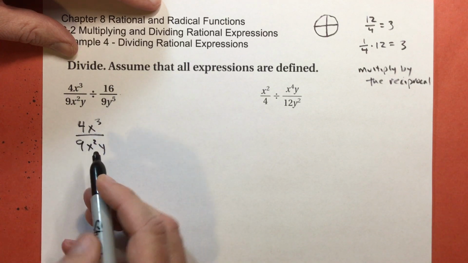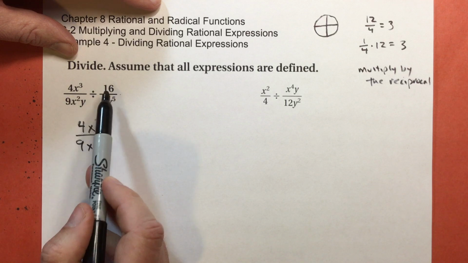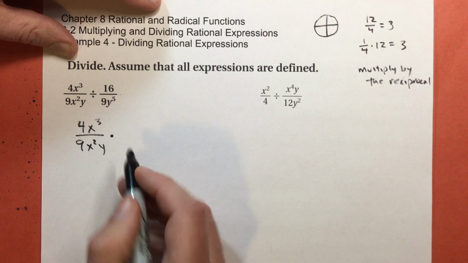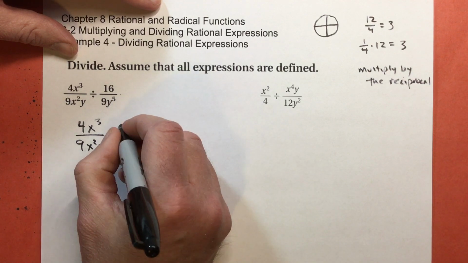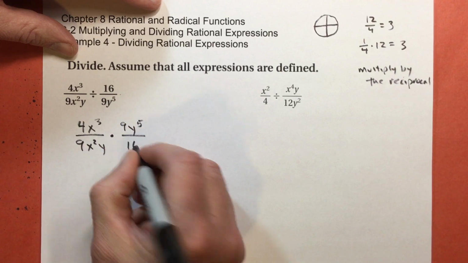So that one does not change. Division is not a commutative operation, which means I can't just turn it around. 12 divided by 3 does not equal 3 divided by 12. I can't turn it around. What you are dividing by, I'm dividing by this. This is going to become, I'll use a dot for dividing. And I'm going to change this, flip. 9y to the 5th power over 16.